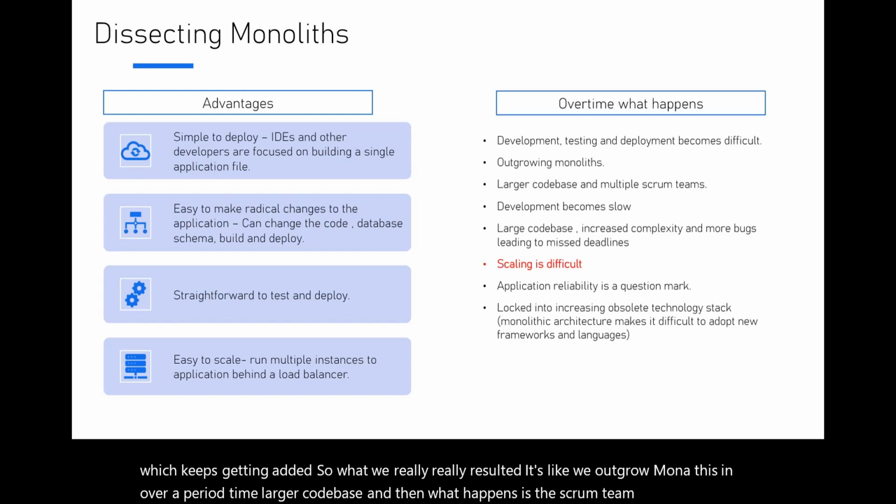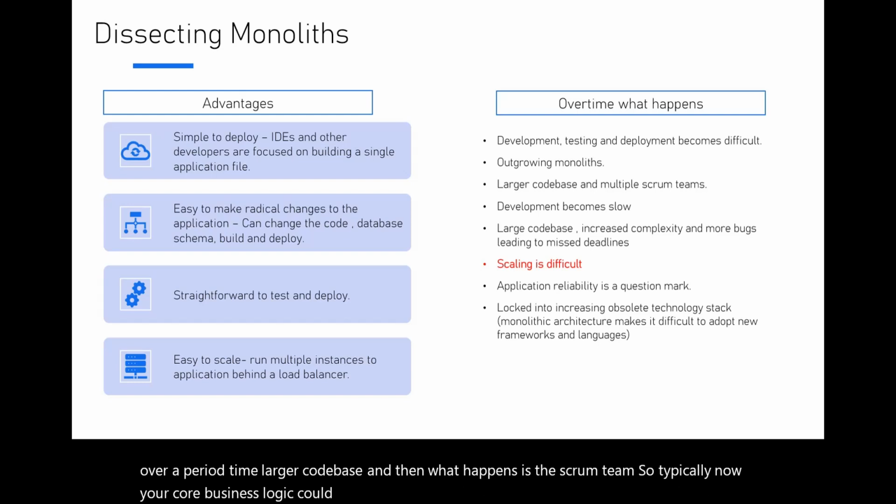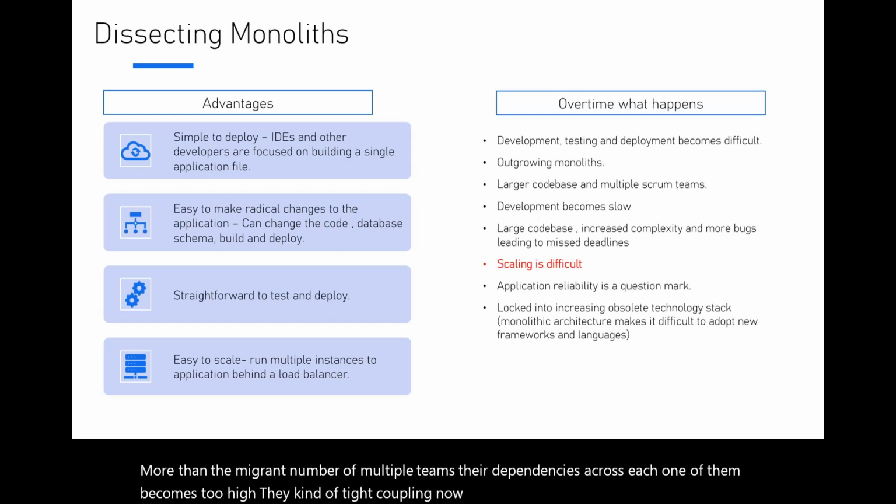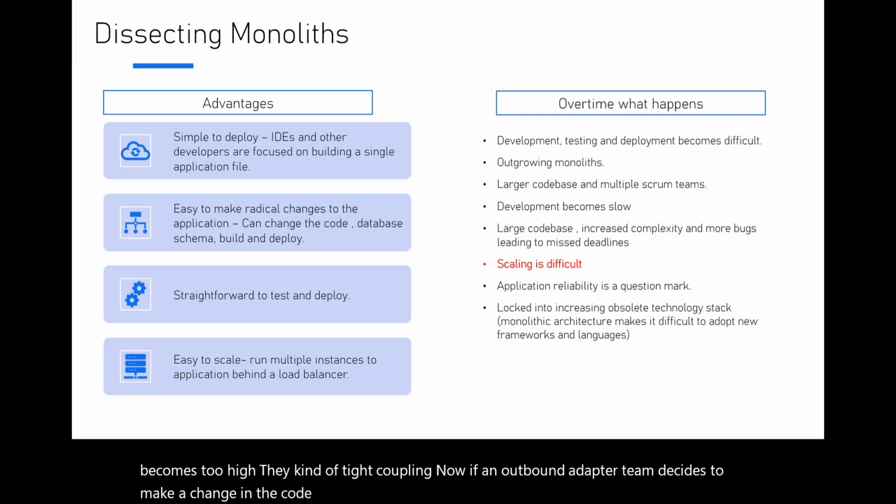Now your core business logic could be dealt with by one team, your inbound adapters by another, and your outbound adapters by yet another. In a situation like that, you're obviously going to have multiple teams. The more teams you have, the more the dependencies across them become too high, which is tight coupling. If the outbound adapter team decides to make a change in the code, then you have to make one big, large deployment. So the overall development becomes very slow because of the dependencies.